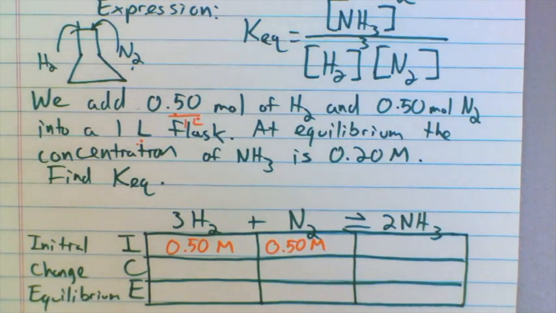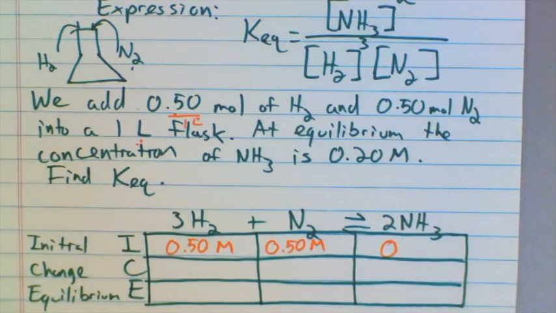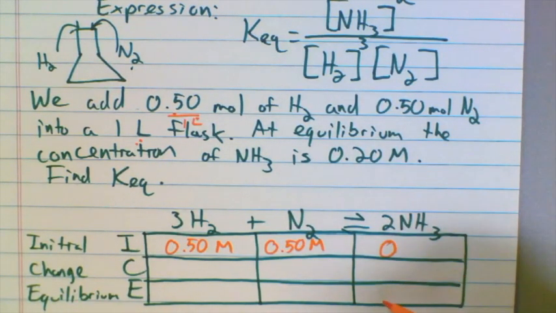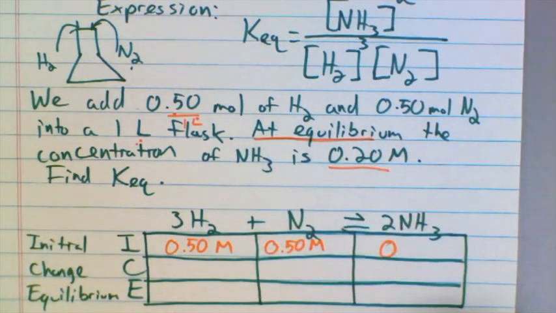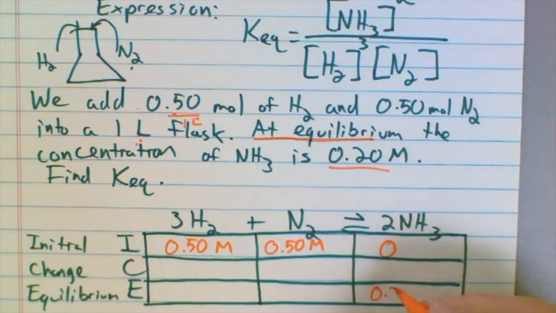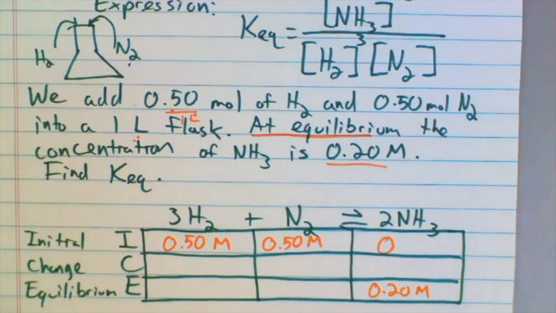None. The reaction hasn't started yet, so initially, there's no ammonia. We do know that at equilibrium we have 0.20 molarity, so we can put that in for the equilibrium. Okay, so we got that information.